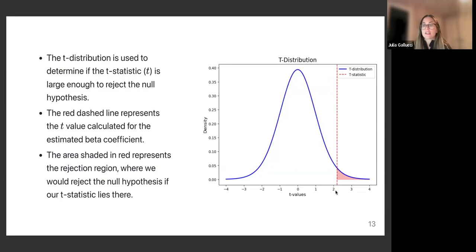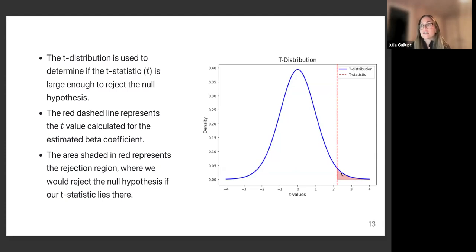If this t-statistic that we calculated is very far from zero, it suggests a significant effect. But if it's close to zero, it would suggest no significant effect. And here, this red shaded area is called the rejection region. This represents the extreme values on the tail of the distribution, where we would reject the null hypothesis.